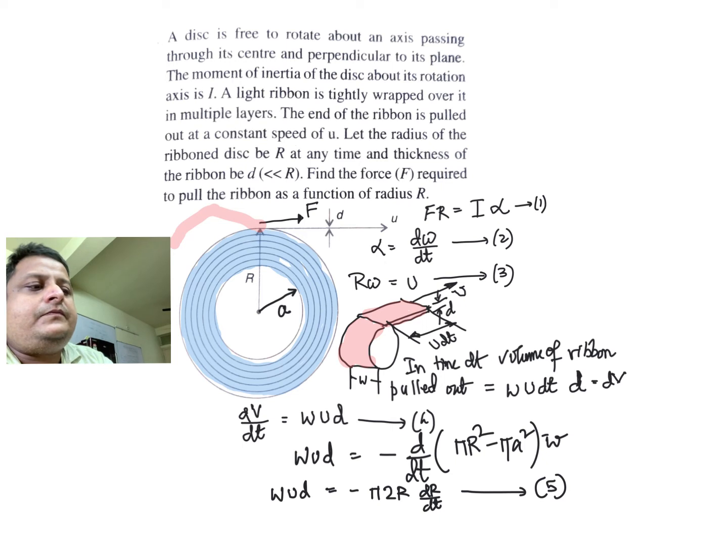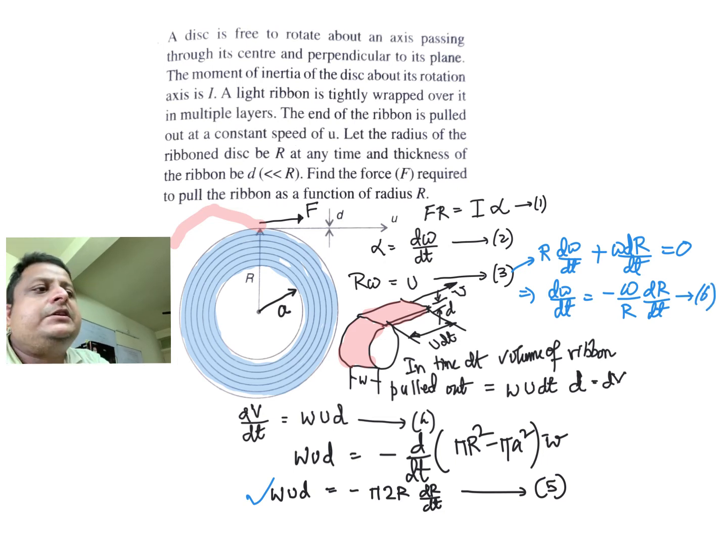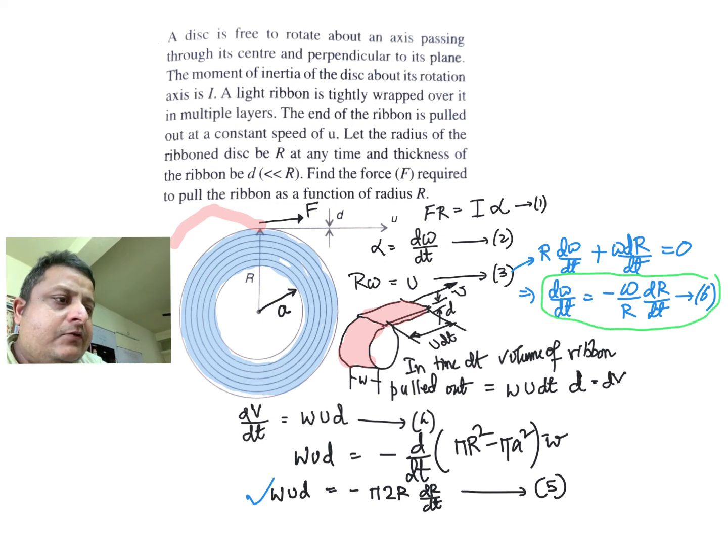And from equation 3, if you differentiate, r d omega by dt plus omega times dr by dt is equal to 0. Therefore d omega by dt is equal to minus omega by r times dr by dt. Let it be equation 6.